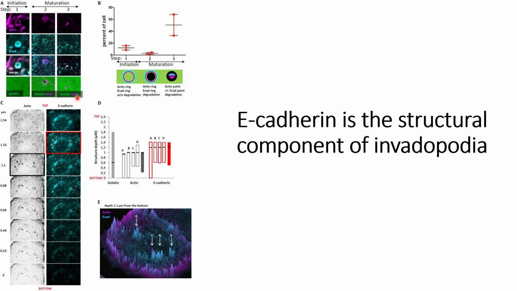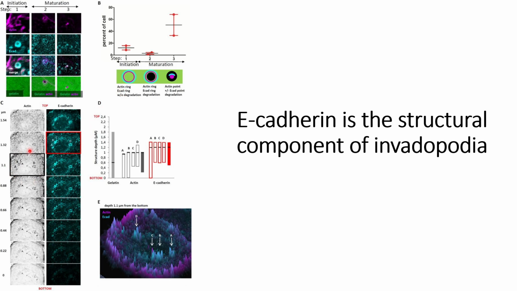Now, in order to validate that E-cadherin formation precedes the actin formation, they did the staining at different time intervals and at different locations, using confocal microscopy to find out the depth of these rings.